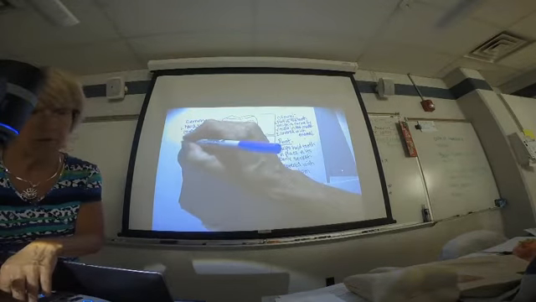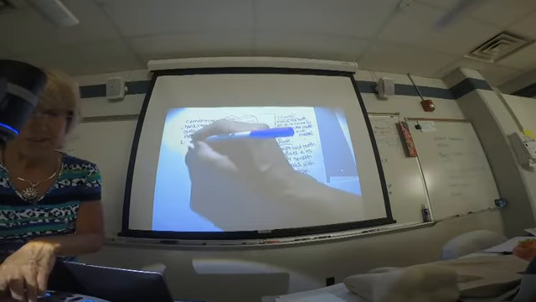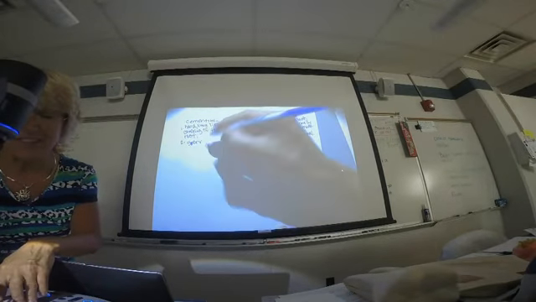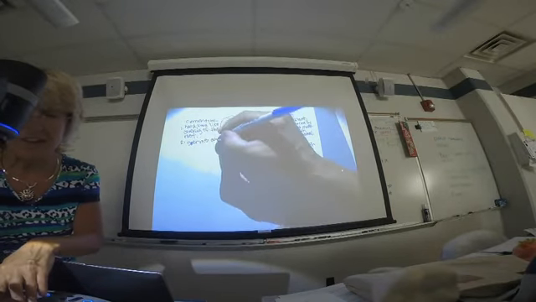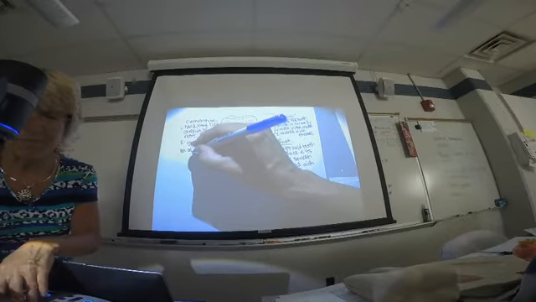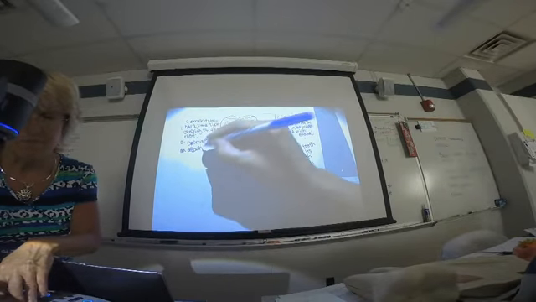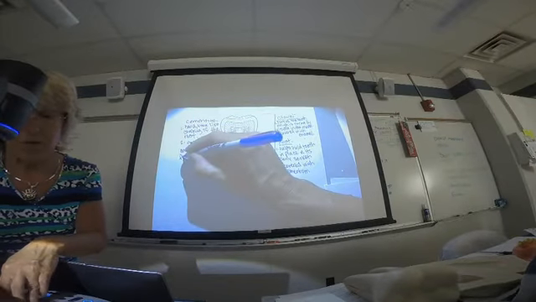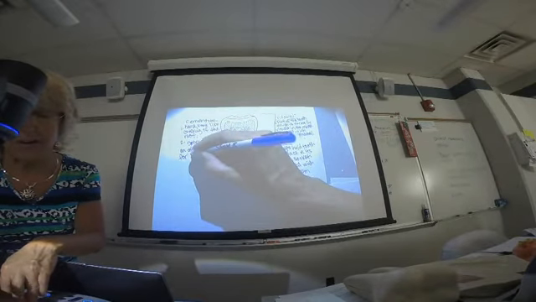Fact number 2. It serves as an attachment for another part called the periodontal ligament.